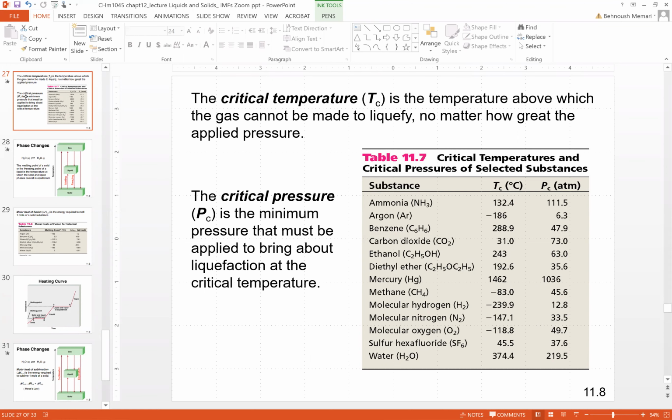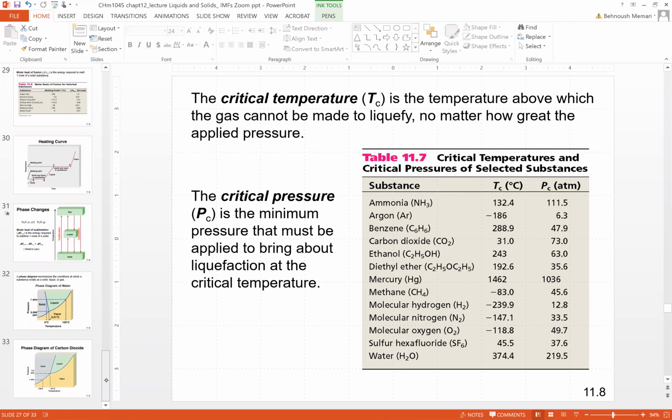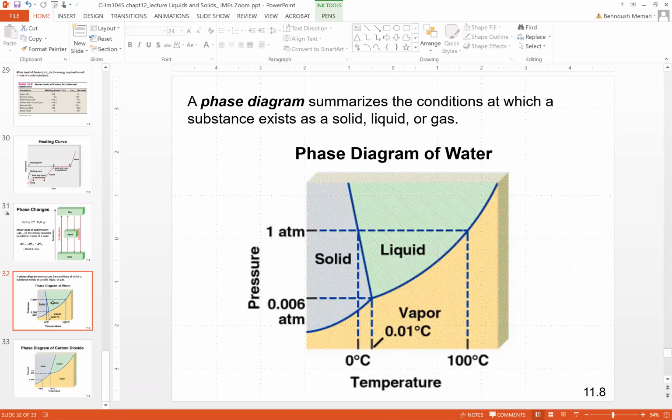What is critical temperature, critical pressure? That would be easier to show you here in a phase diagram. Critical pressure or critical temperature would be somewhere here, and the critical temperature is the temperature beyond which, if the substance reaches that temperature, you cannot change it back to liquid.